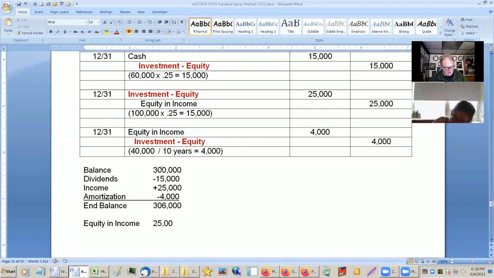So they made 25,000, but then we also do the amortization. So the actual income for this would be 21,000.